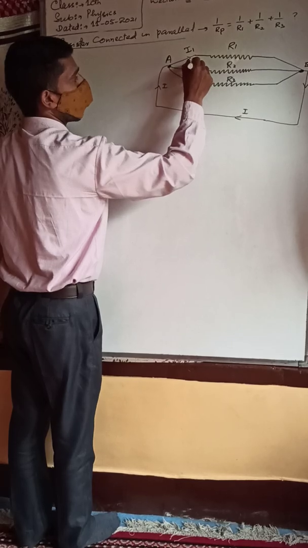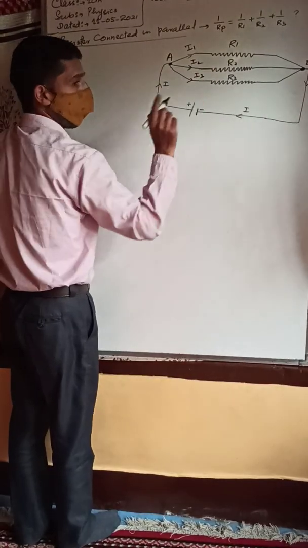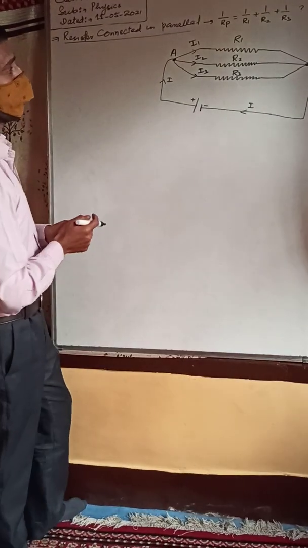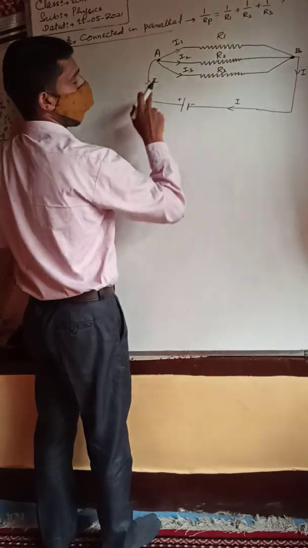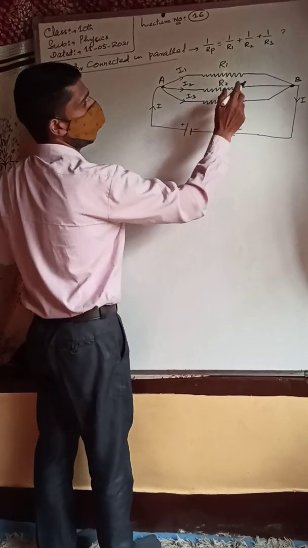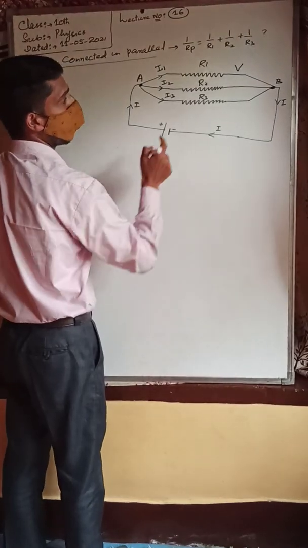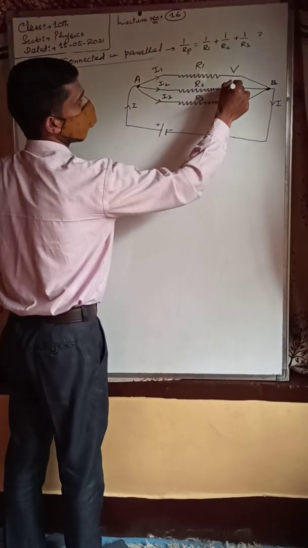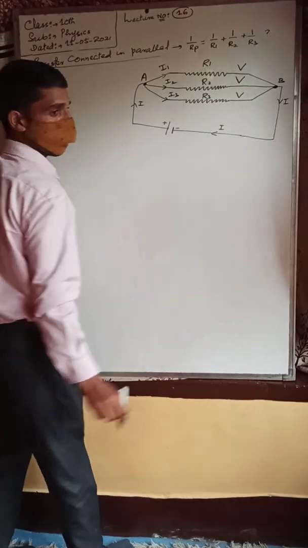Similarly, we will name it as I2, and this is I3. Whenever resistors are connected in parallel, then you have to remember one point: the current divides here and potential difference remains same. Since potential difference is denoted V, so it is potential difference V, it is potential difference V, and it is potential difference V.